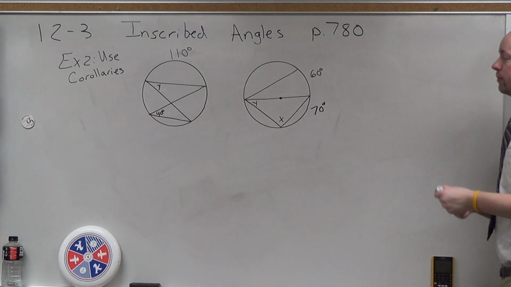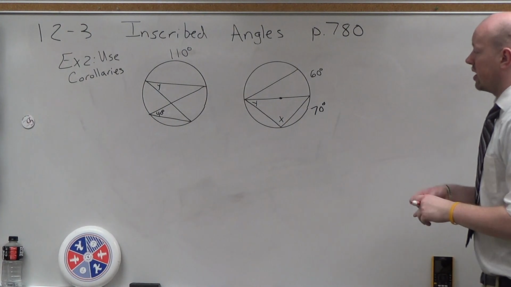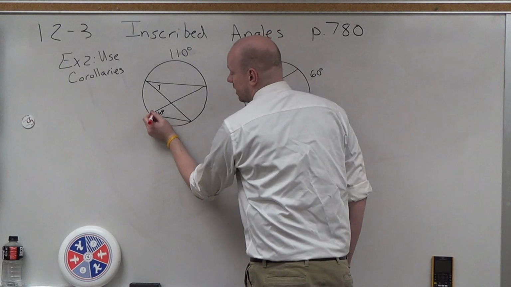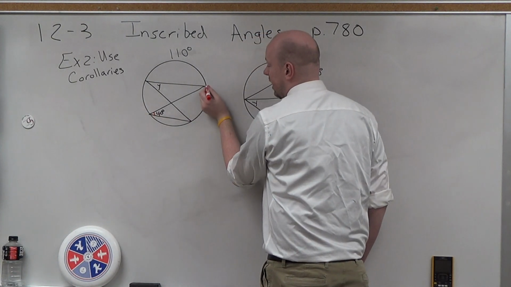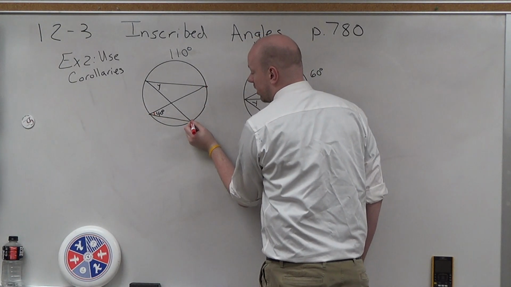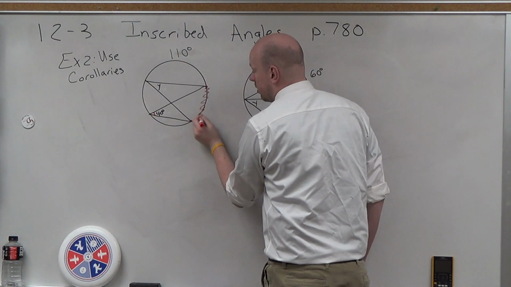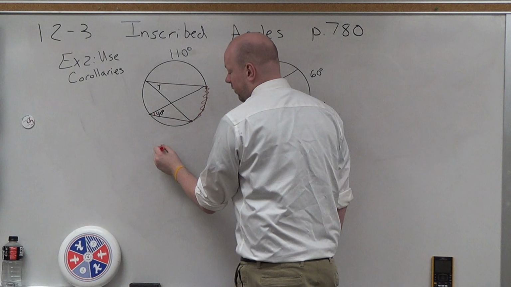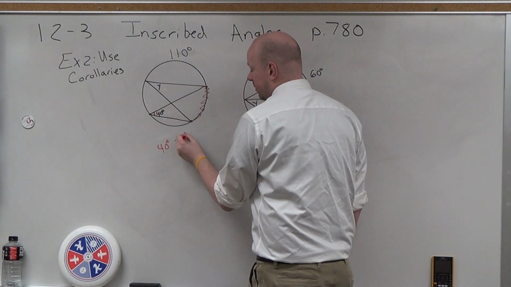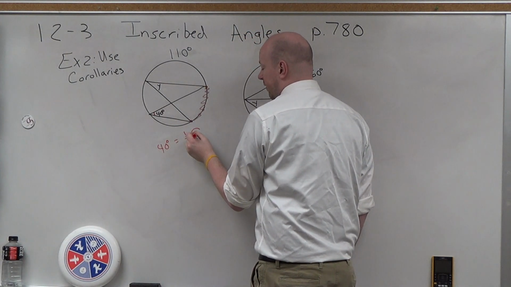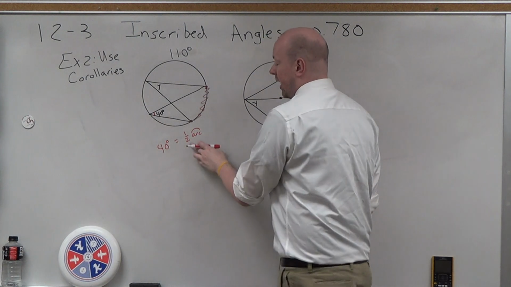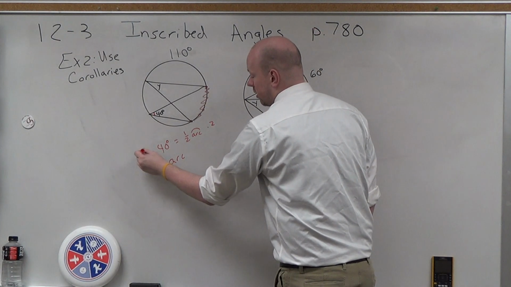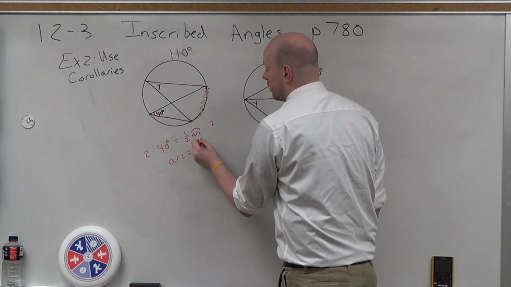Okay. So, let's start with the 40, or I'm sorry, with this one right here. Now my 40 is this angle right here, and it clearly intercepts from here to here. So, using my idea that if the angle is 40 degrees, the arc is half of that, I can multiply by 2 on each side, so the arc has to be 80 degrees.